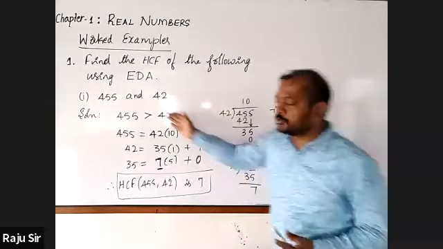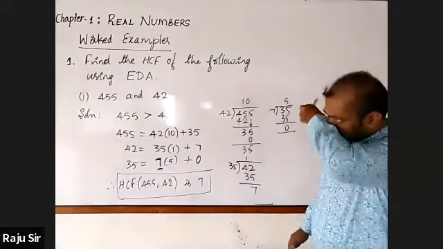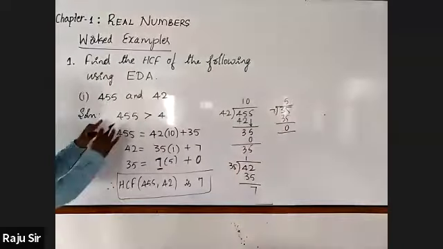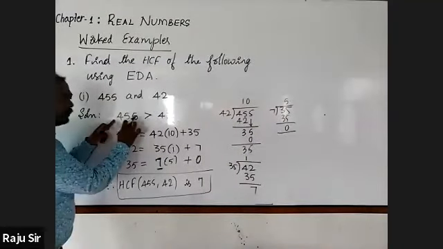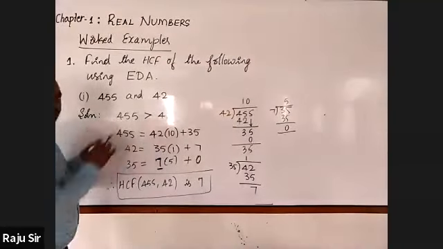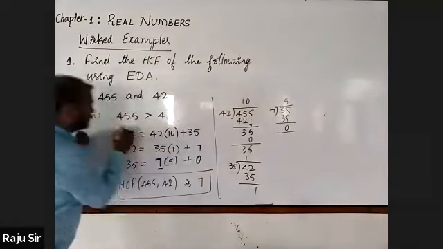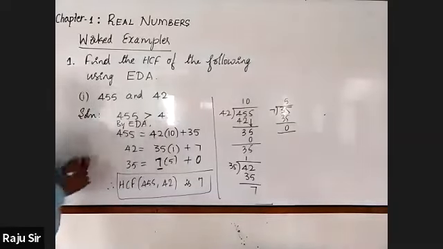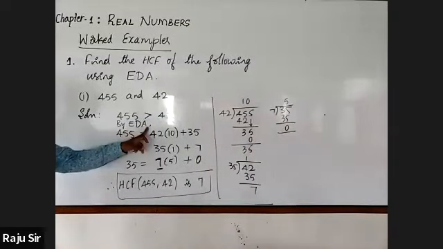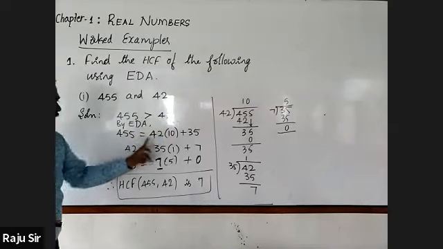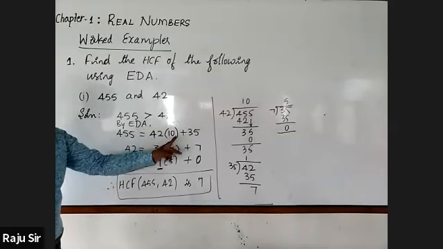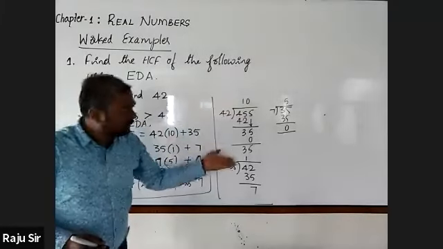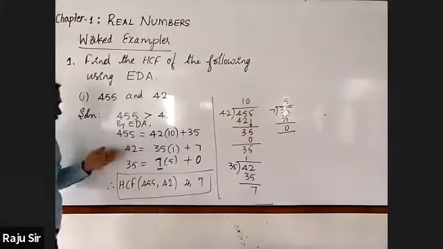Now, please go for copying this. Here you should write: 455 is greater than 42. Then we follow Euclid's division algorithm. By Euclid's division algorithm, 455 can be written as 42 tens plus 35, as shown in the working column.